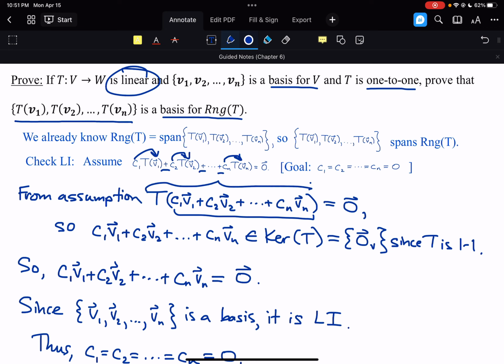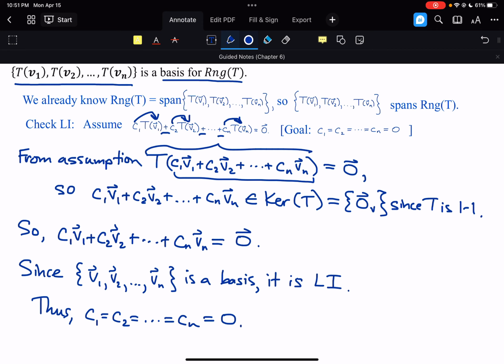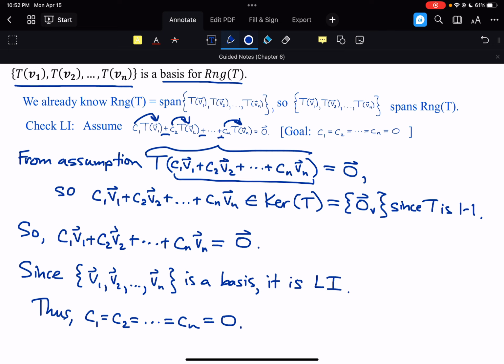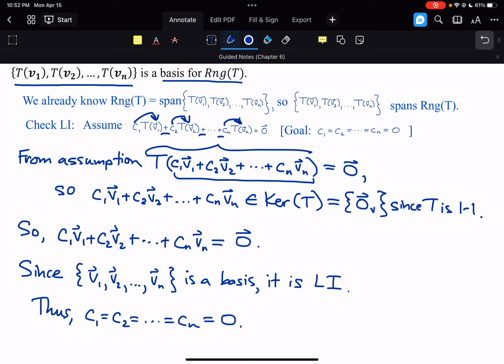That's what gives us this part here. So the c1 through cn have moved inside the transformation, and now we have the transformation of this sum, which meant that this sum is in the kernel, which meant that sum is equal to 0. So this c1 through cn is exactly the same c1 through cn that we had back up here in the problem. And we just showed, because this set was linearly independent, that c1 through cn must be 0, which is exactly what we were trying to prove.